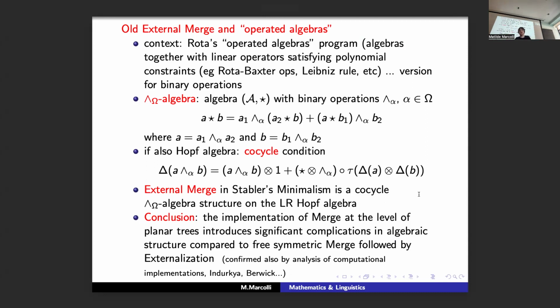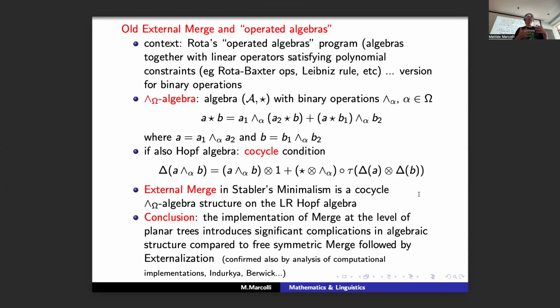And in fact, there is a notion, a fairly broad subject, which is called operated algebras. It also goes under the name of Rota's operated algebra program. It's a way of classifying algebras together with some kind of linear operators that satisfy some polynomial constraints on the algebra.